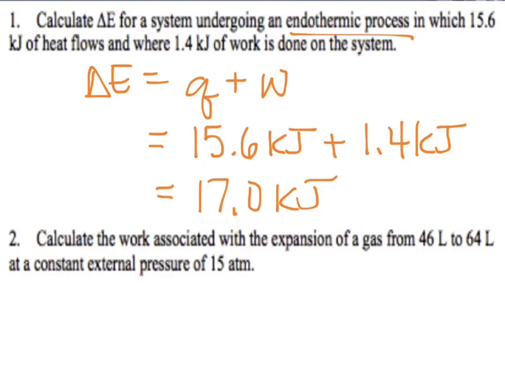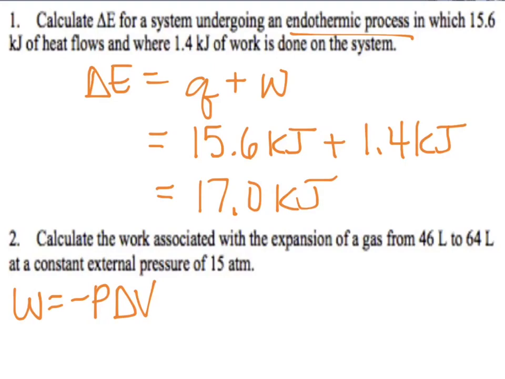All right, next, calculate the work associated. So we want to figure out work this time, and we know that work is equal to negative P delta V. With the expansion of a gas, the system is doing the work.